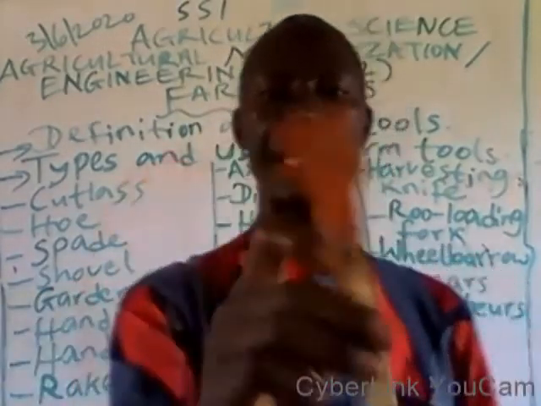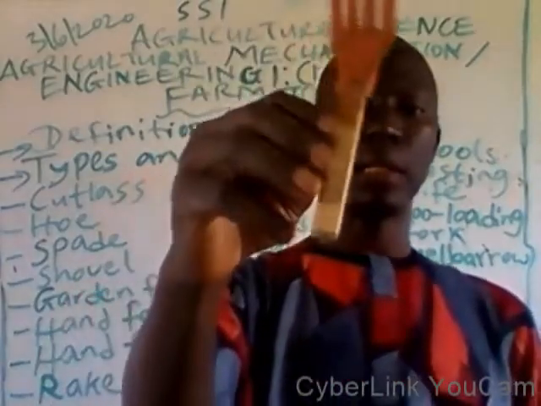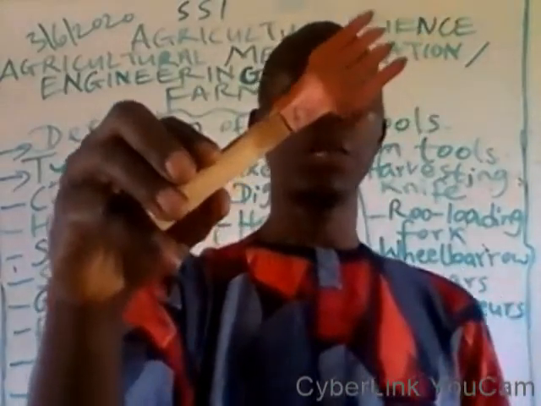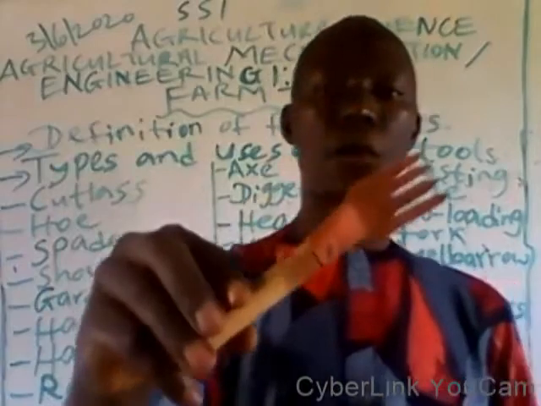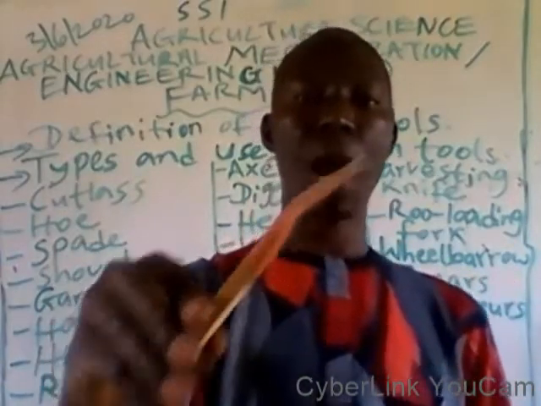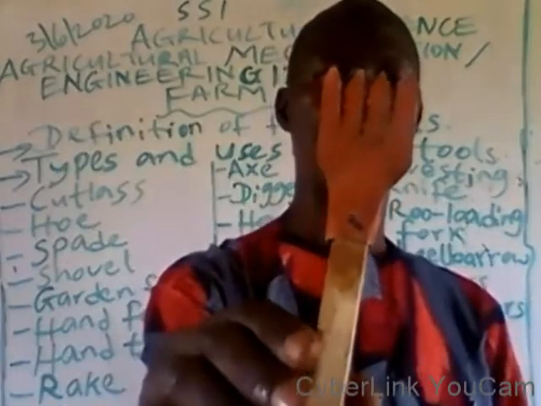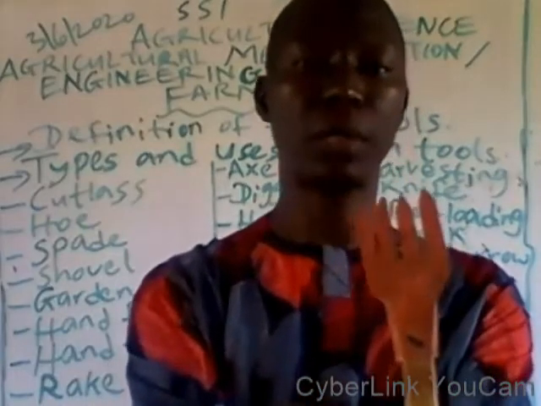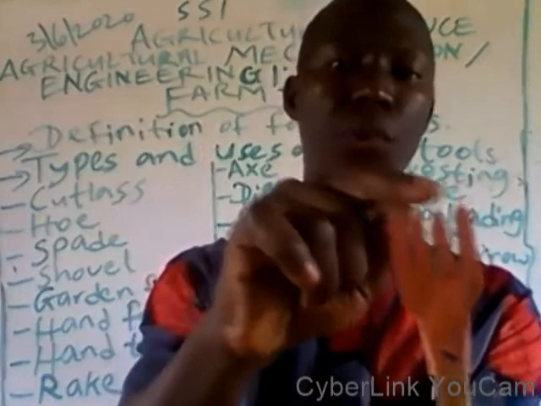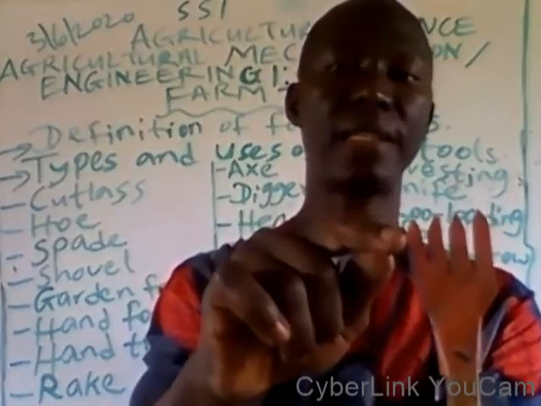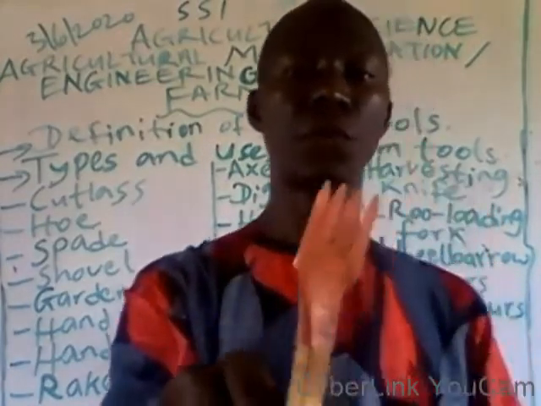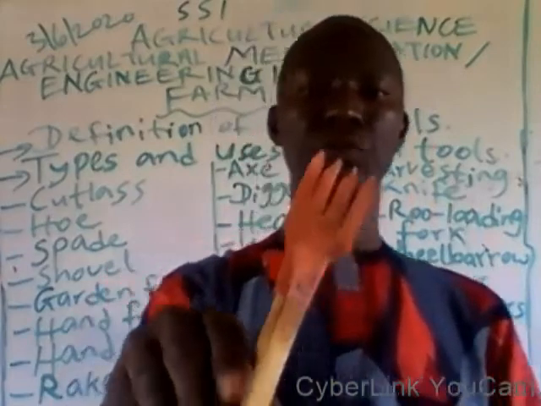We have the garden fork. The garden fork is used for turning of manure during composting. Can you see the garden fork? It has prongs. These tips are called prong or tine, T-I-N-E. So they are used for turning the manure during composting.